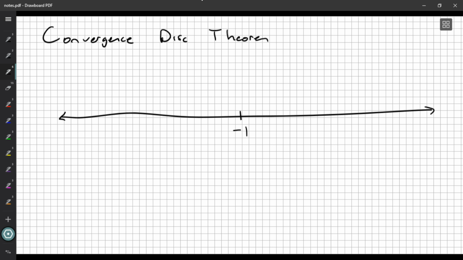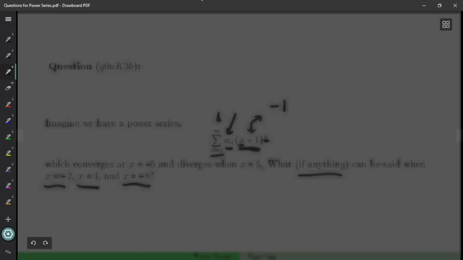And we're told about some values. We're interested in negative 2, 4, and negative 8, and we know about the convergence at negative 5 and at 5.